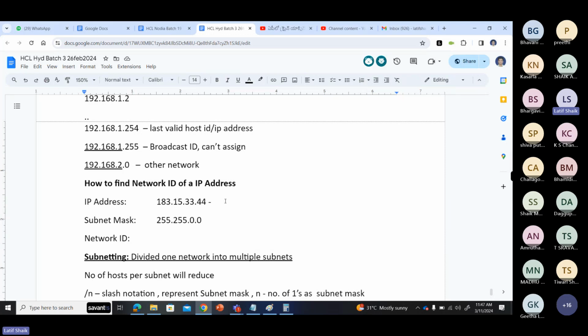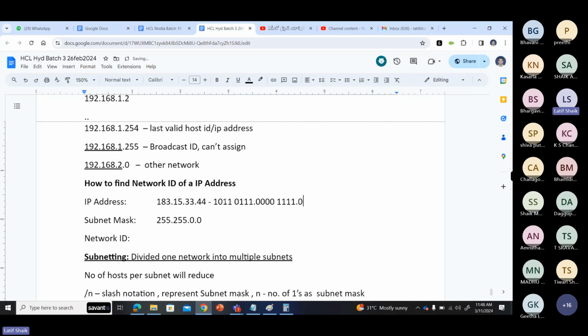1011 011. Or you can directly write it, if you know the technique to convert binary to decimal. This is 15.